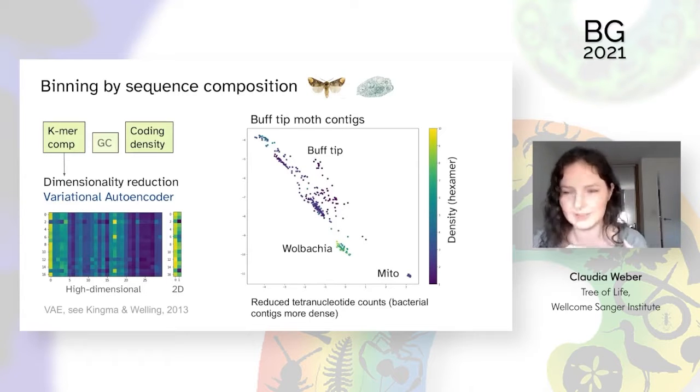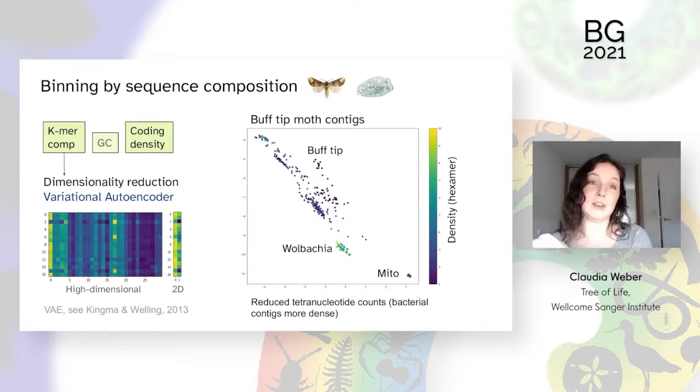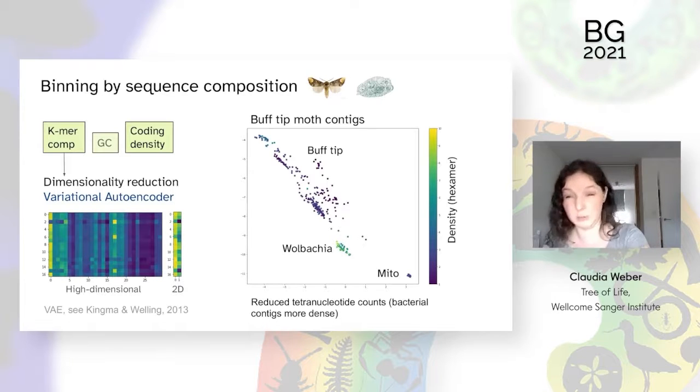When I apply this to the contigs of the buff-tip moth, and then label those contigs by the estimated coding density, we can see that the Wolbachia form a distinct type cluster and they stick out because their genomes are denser than that of the moth.